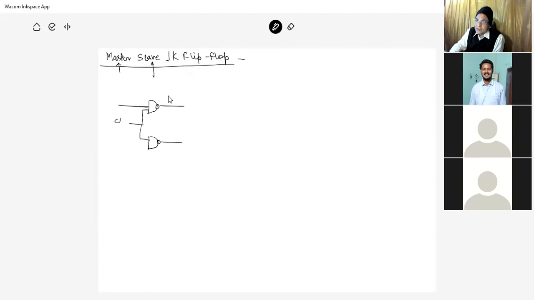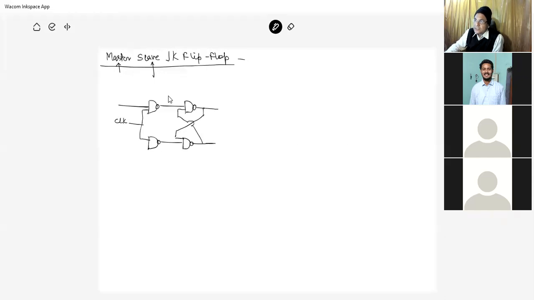This is the clock, and the outputs of these two NAND gates are again connected to another NAND gate, as we have just discussed for the RS flip-flop, and this is latched with this part.